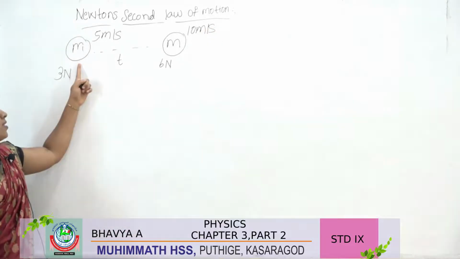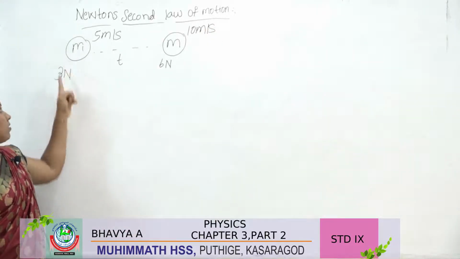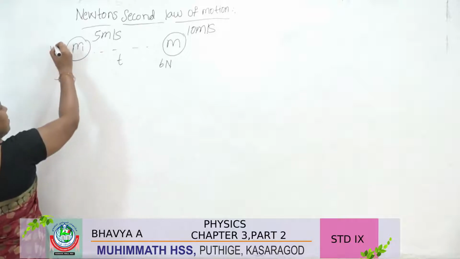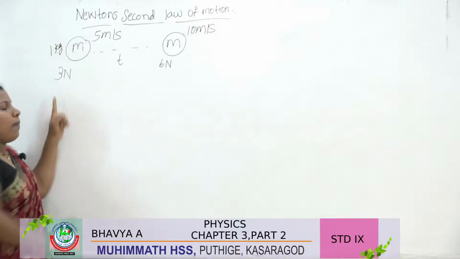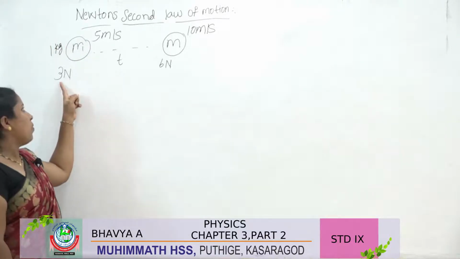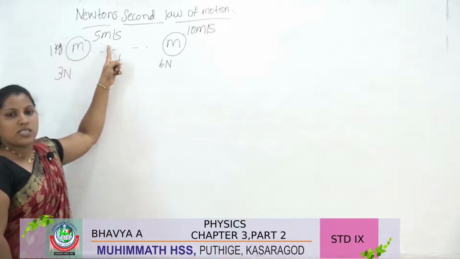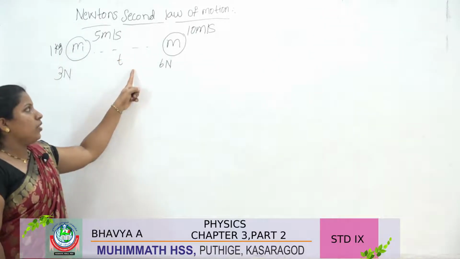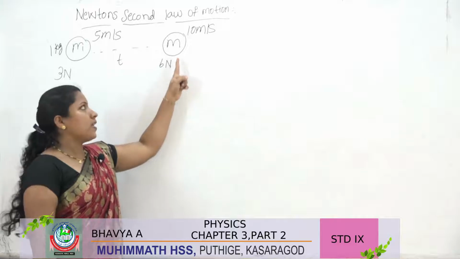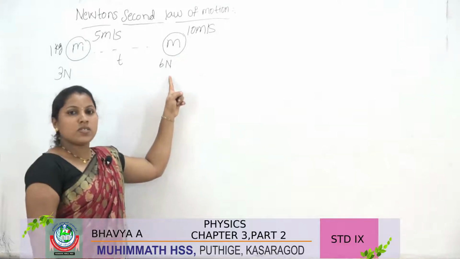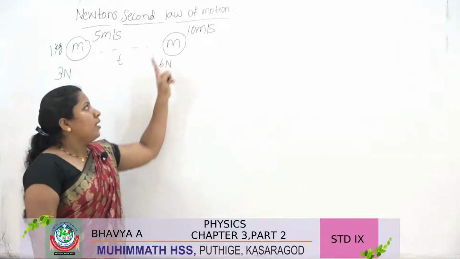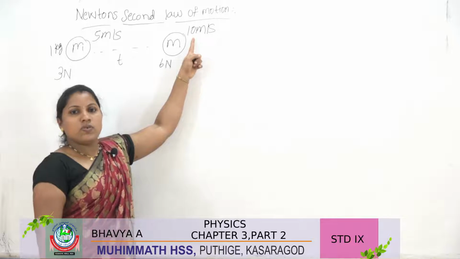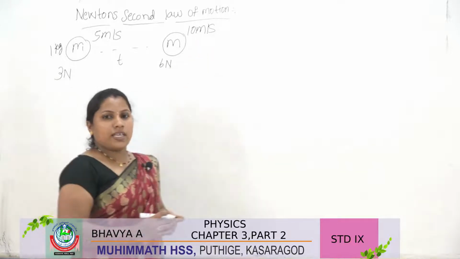Consider a body of mass 1 kg. You apply a force of 3 Newton on this body, and its velocity changes to 5 meter per second. After t second, you apply 6 Newton force on the same body, and its velocity changes to 10 meter per second.